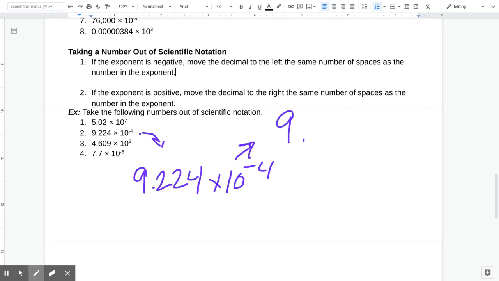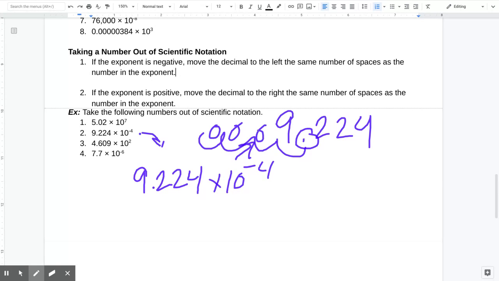So 9.224. Take our decimal here, and we're going to move it to the left. So 1, 2, 3, 4. Ooh, a little laggy now. Yikes. So here's our new number. So now we're going to rewrite it. It's going to be 0, even though I know that's because our new guy's right there.